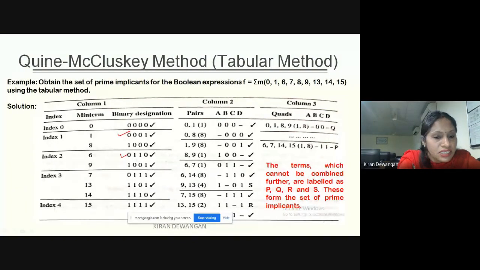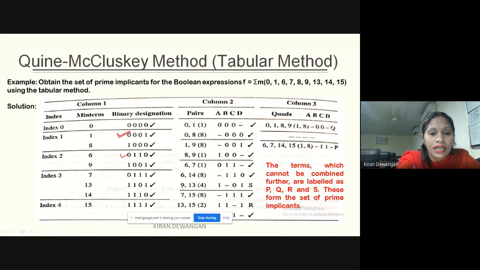Do they have a single bit difference? 1 and 6, are they having a single bit difference in their binary designation? Students, can 1 and 6 form a pair? No, it can never form a pair because they are differing by 3-bit positions. For forming a pair, they should differ by only 1 bit position. So 1 and 6 can never form a pair.